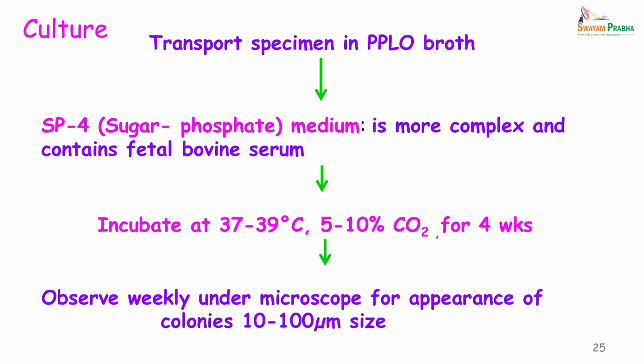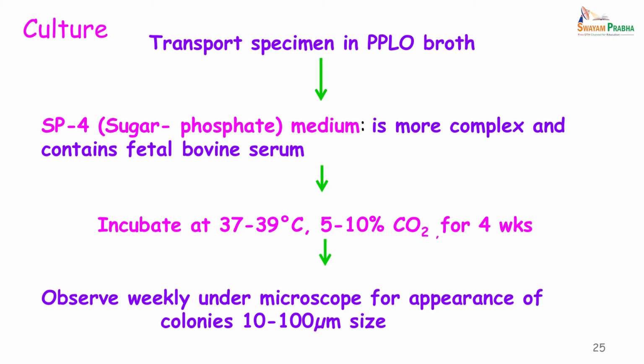PPLO agar is now being replaced by SP4, which is a sugar phosphate medium. It is more complex and already contains fetal bovine serum. Whichever medium we inoculate, we incubate this at 37 to 39 degrees Celsius in 5 to 10% carbon dioxide for 4 weeks.